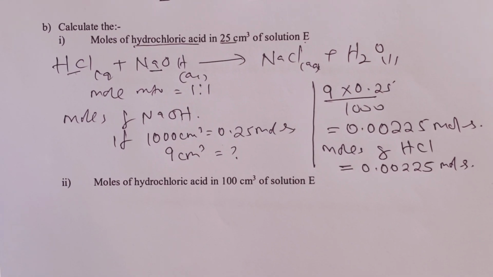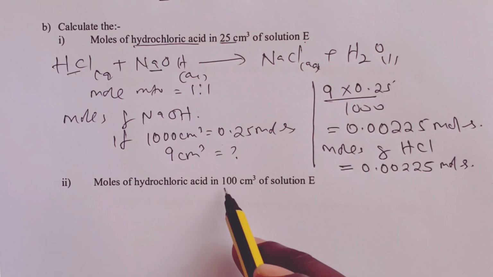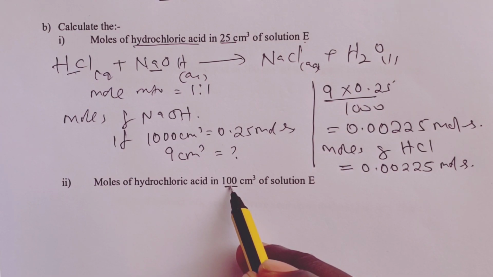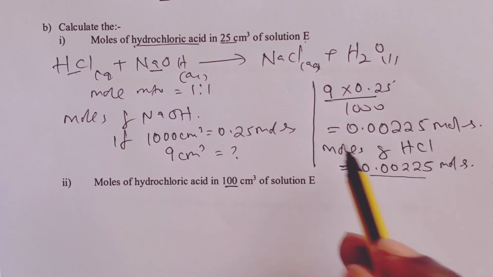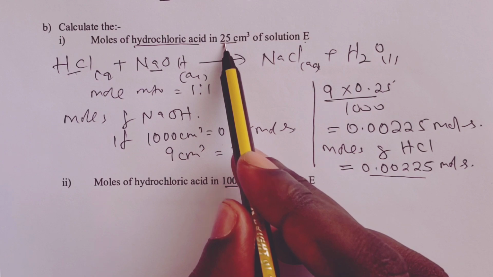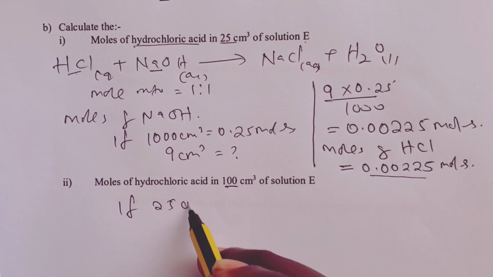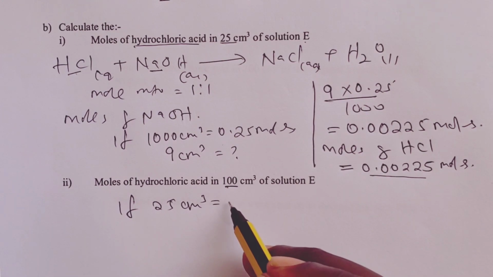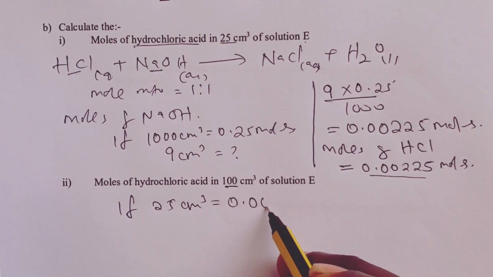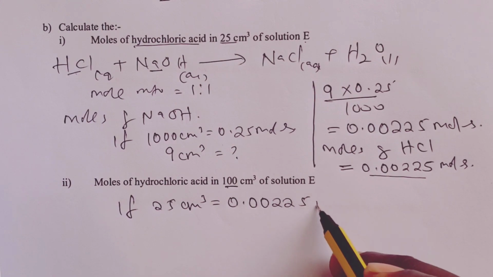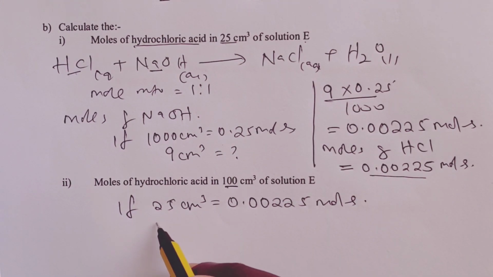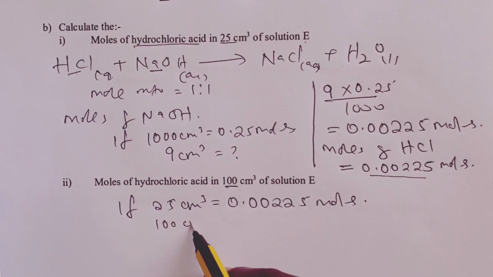Next question. Moles of hydrochloric acid now in 100. These moles are present in 25. What about 100? So if 25 cubic centimeters of solution E contains 0.00225 moles, how many moles would we have in 100 cubic centimeters?